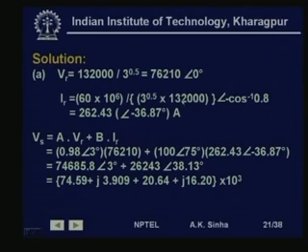When we do this mathematics, we get the receiving end current as 262.43 amperes with an angle of minus 36.87 degrees.